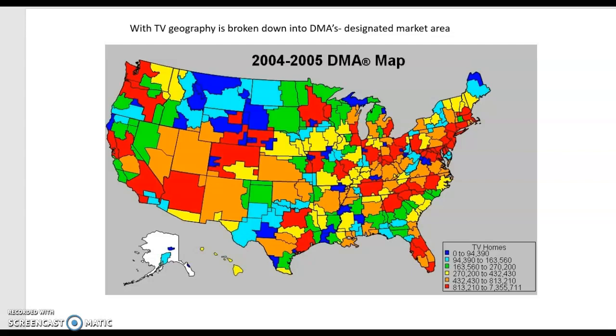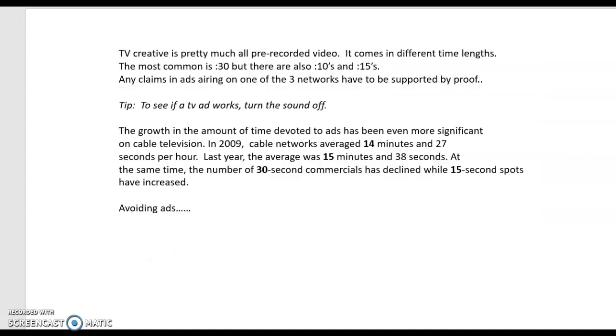So, for instance, the New York DMA is pretty big. It's got Connecticut, Long Island, New Jersey, New York City, and a chunk of New York State. And it's the geography where the TV signal is able to be broadcast. So if you're going to buy spot, you're buying by DMA, designated market area.